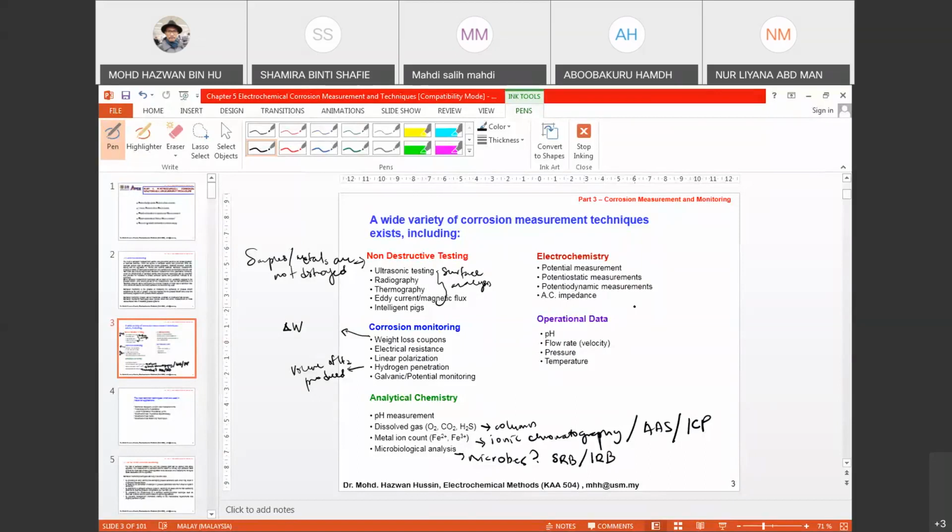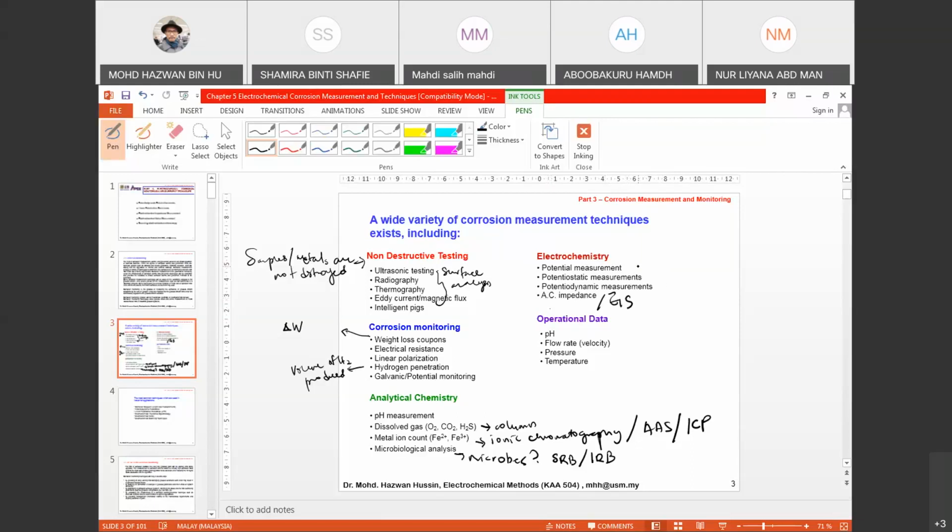Other techniques will be on electrochemistry. This is the one that we will study. We have potentiostatic measurement, potentiodynamic measurement, and also AC, alternating current impedance, or EIS, electrochemical impedance spectroscopy.